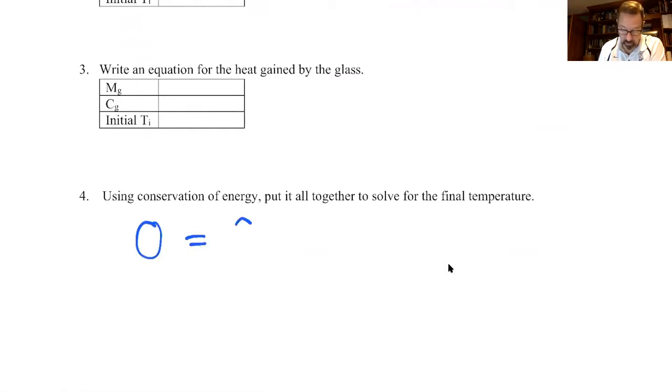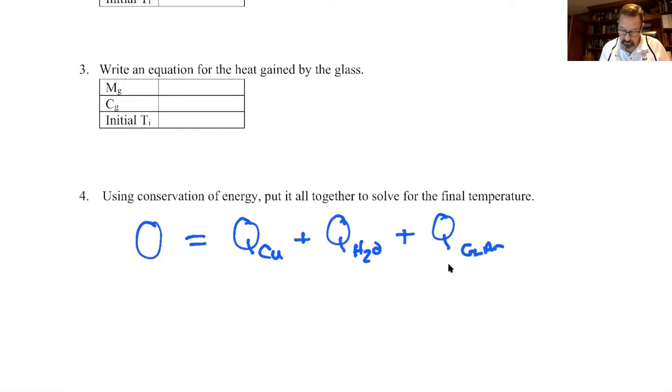And so the heat of the copper, I expect that to be a negative number. I expect that to be a loss. It's going to cool down, so its final temperature is going to be less than its initial temperature, plus the heat of the water, plus the heat of the glass. I don't know what the symbol for glass is, I'm just going to write out glass.